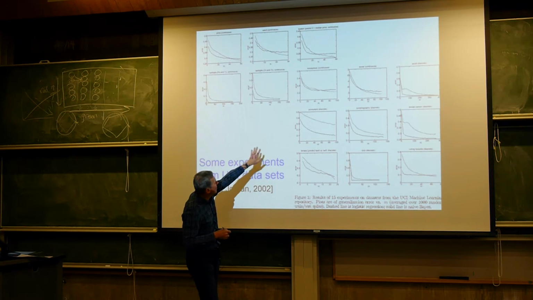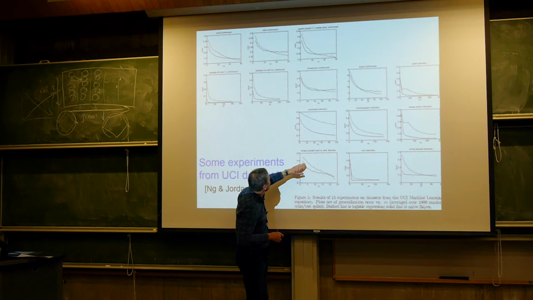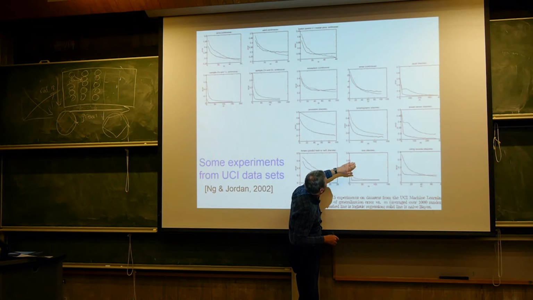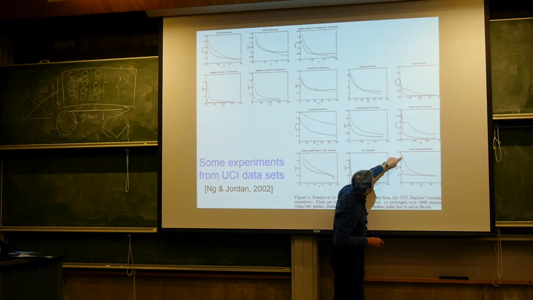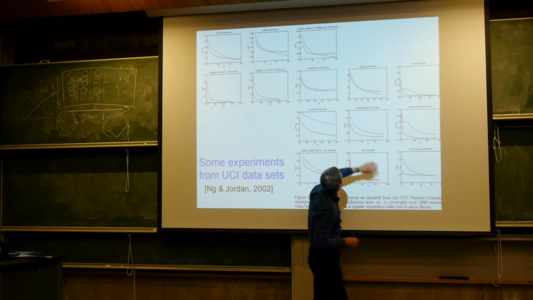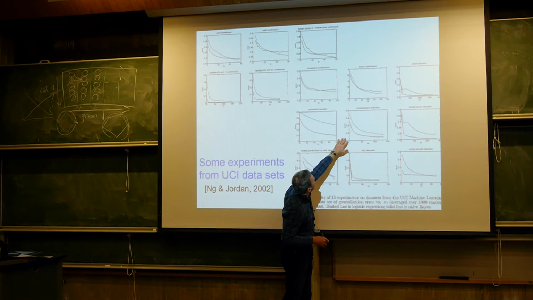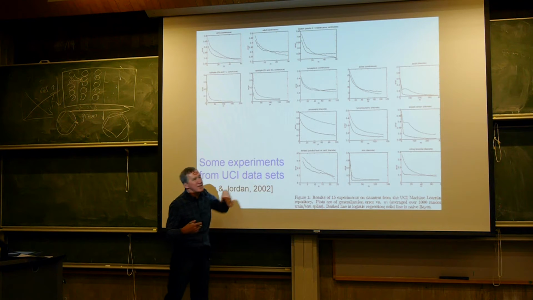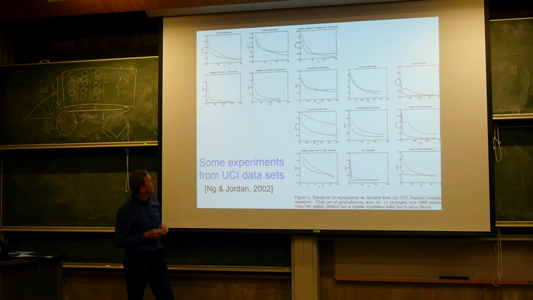They downloaded these different data sets. This one says voting records. This is breast cancer diagnosis, lymphography, and so forth. So these are different real-world data sets.